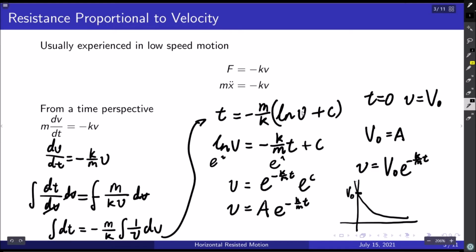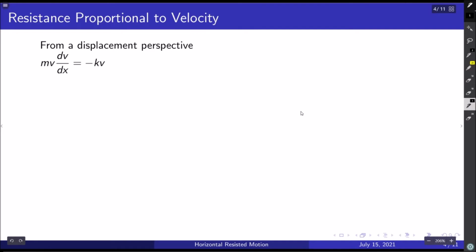Let's look at resistance in terms of displacement. It's a very similar procedure, as we can see here. Here's one I prepared earlier. Because we're looking at displacement, we treat acceleration as v times dv over dx.